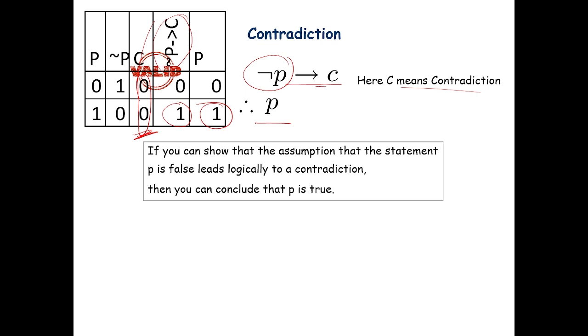If you show that the assumption that the statement P is false leads logically to a contradiction, then you can conclude that P is true. This is similar to the method of modus tollens.